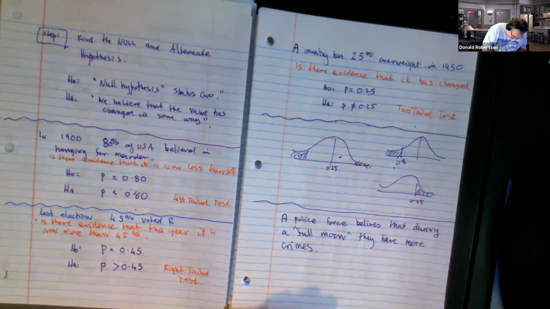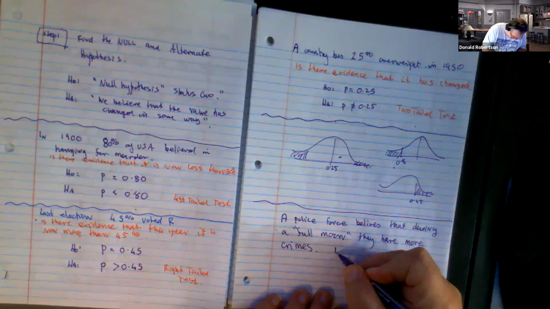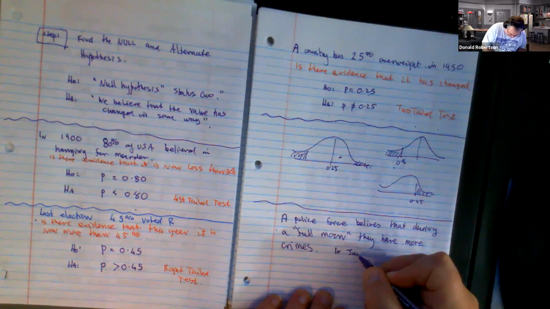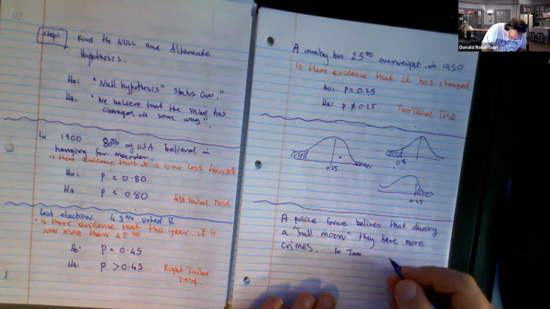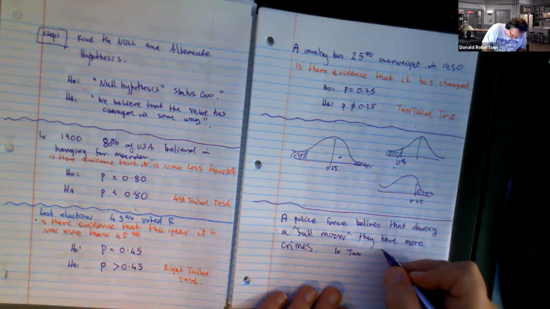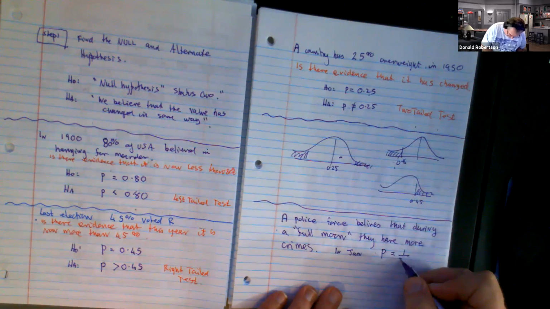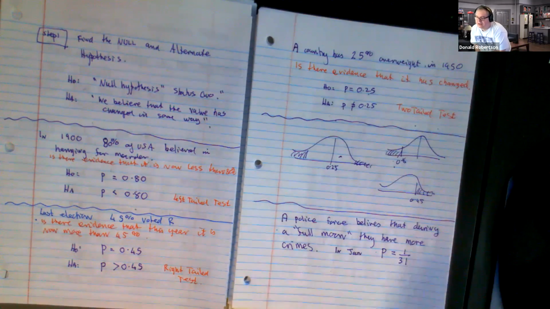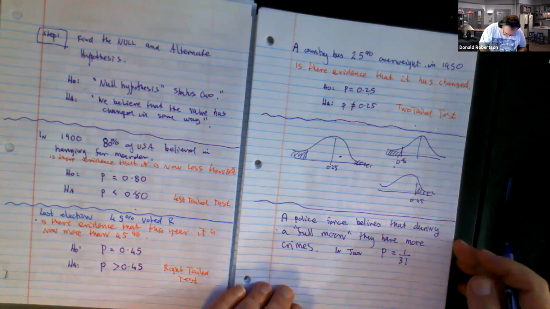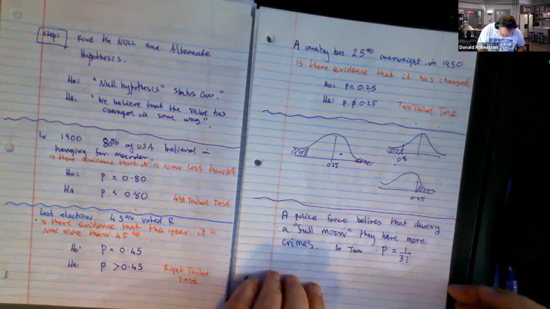So in January, there's 30 days. And so the probability for a full moon is 1 out of 31. You agree? And so let's just make our life easy.